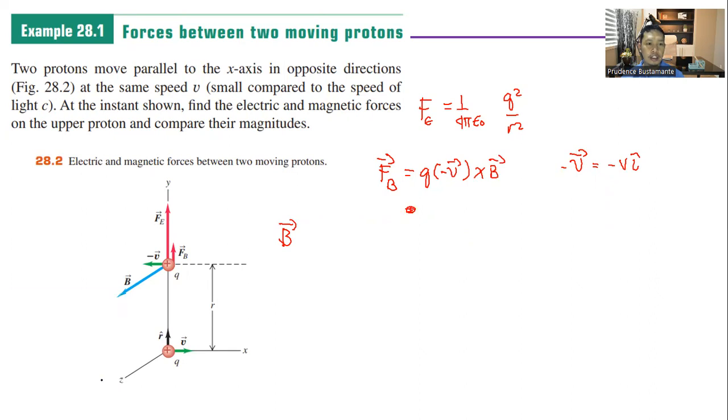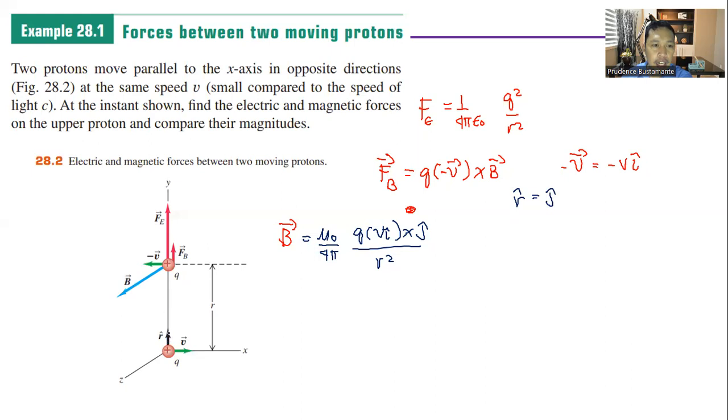Let's change the color. What is actually this B? By formula, this is mu naught over 4 pi, and we have Q times V i hat cross r hat over R squared. At this point, if you want to find the magnetic field, the r hat is just equal to j hat.